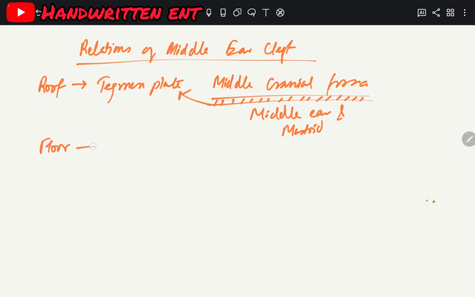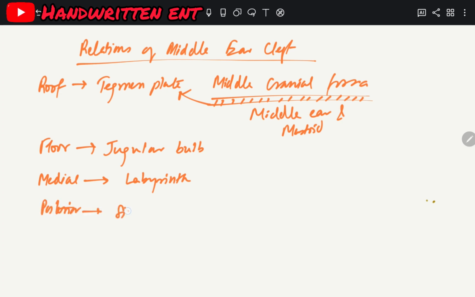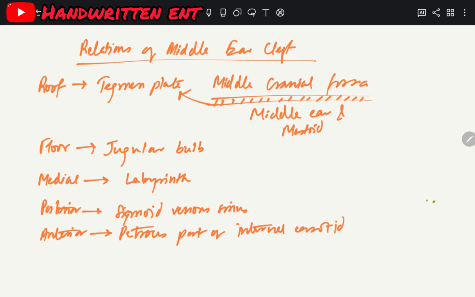In the floor we have the jugular bulb. In the medial aspect of the middle ear cleft we have the labyrinth. In the posterior aspect we have the sigmoid venous sinus. In the anterior aspect we have the petrous part of the internal carotid artery lying in the bony carotid canal.